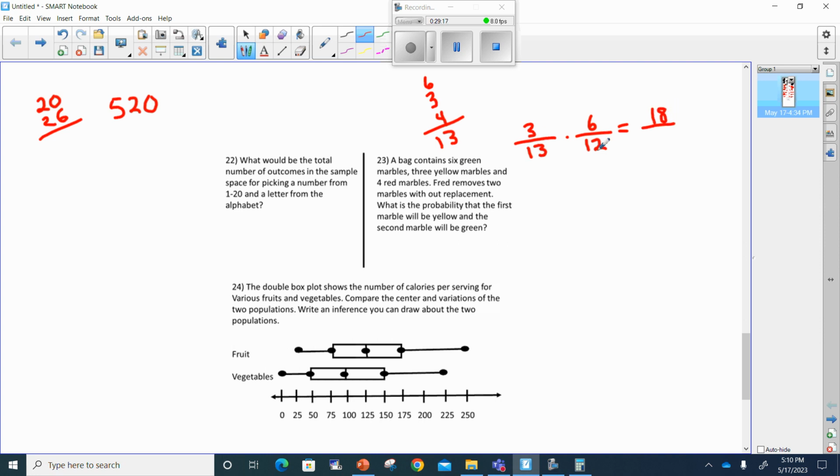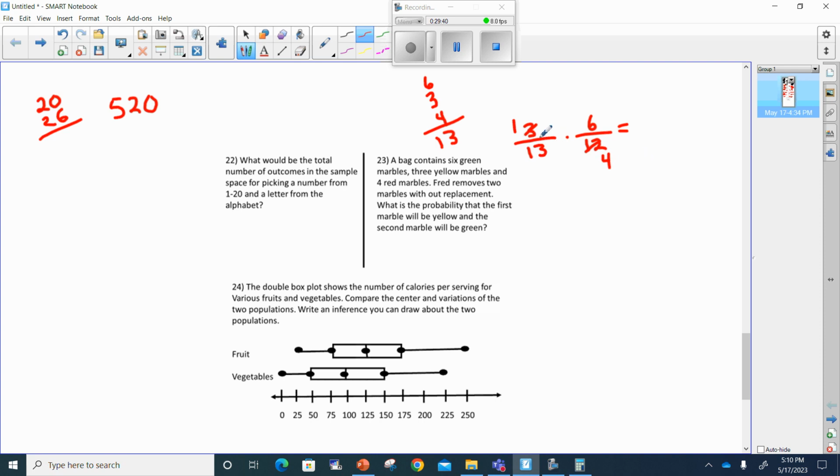And actually, we can reduce, can't we? Let's go ahead and do that really quick so our answer is a little easier. We know that 3 and 12 go into each other, right? So we could say that 3 divided by 3 is 1. 12 divided by 3 is 4, right?